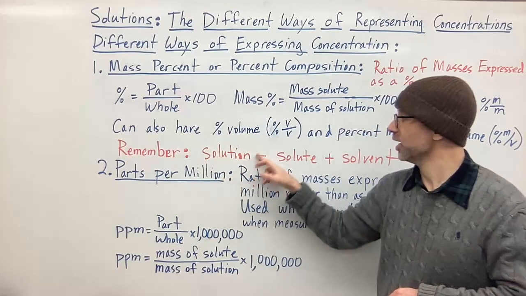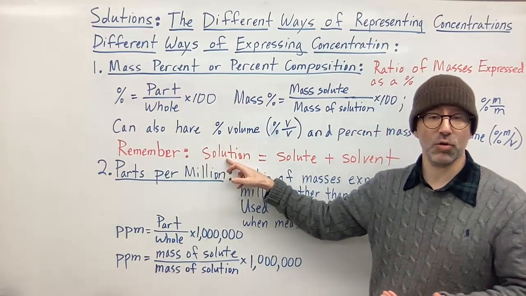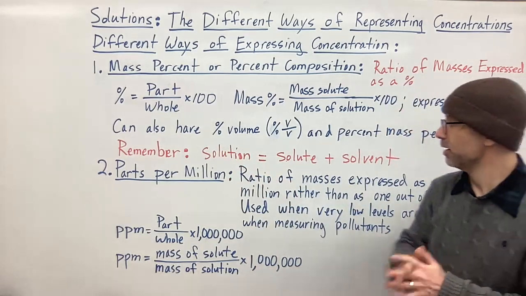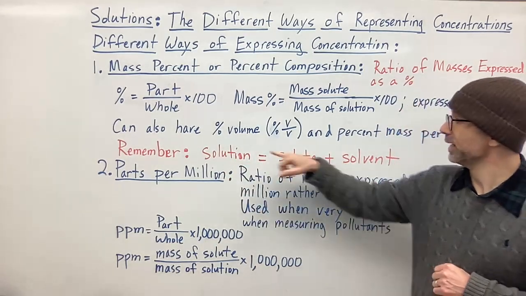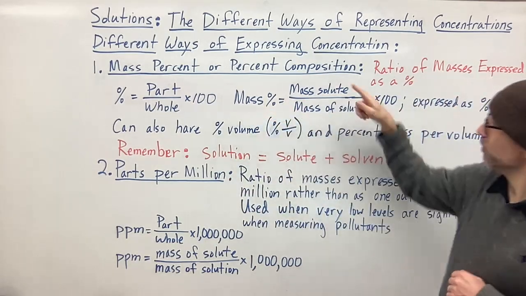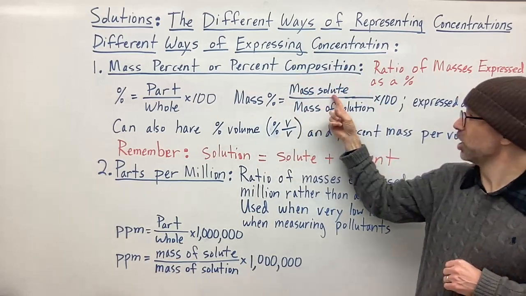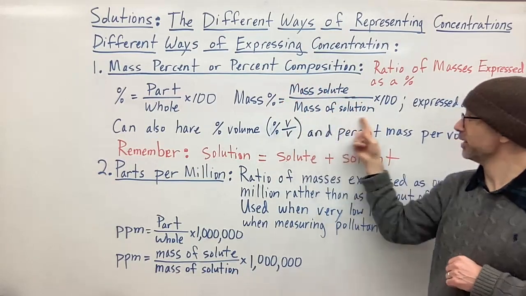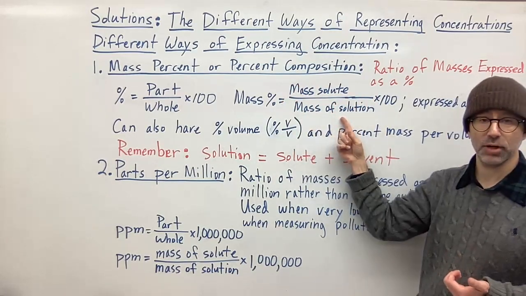There's at least one case in which the solution is not going to be the whole that we are looking at. Okay, so in mass percent, the part that we're looking at is the solute, in terms of mass, and that's going to be divided by the mass of the solution, whatever that is.